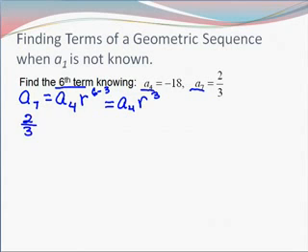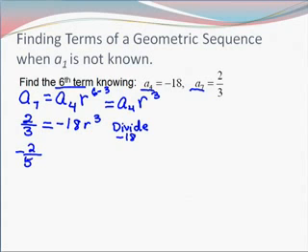A7 is 2/3, and that's going to equal negative 18 r cubed. Divide both sides by negative 18, and you're going to get negative 2 over 54 is going to equal r cubed.